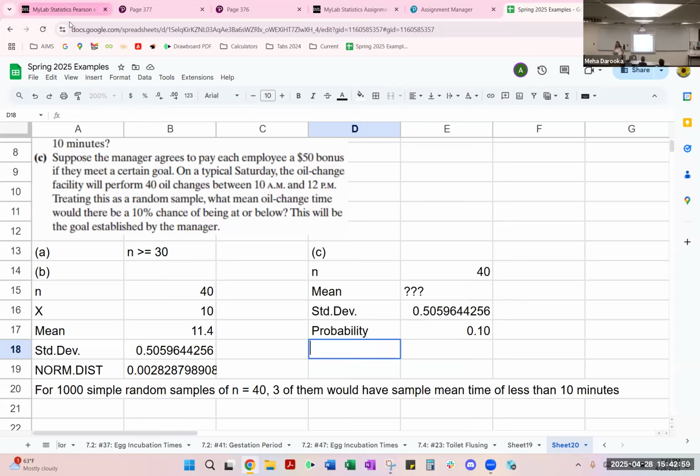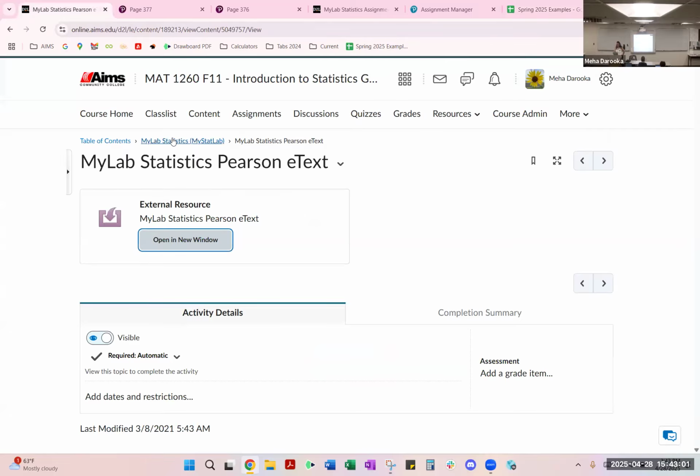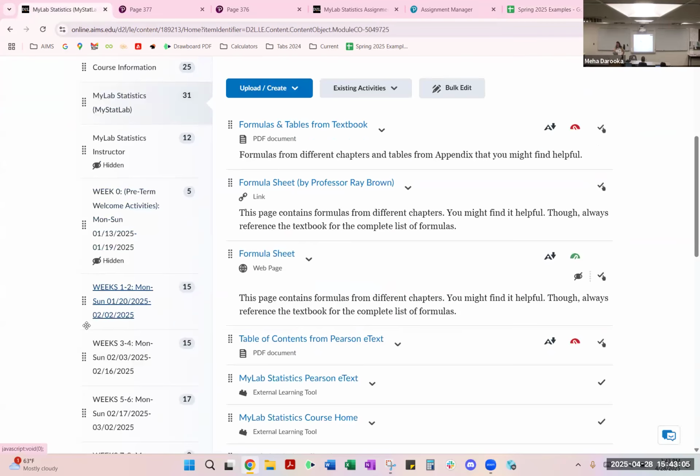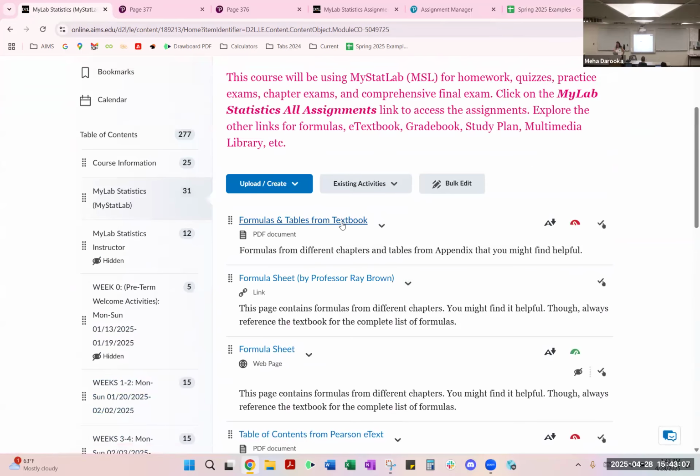Yes, very good. We need to find the z-score. So you need to go to the table here and figure out what the z-score is.